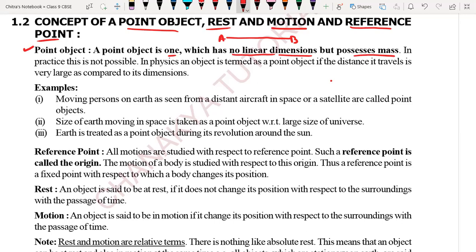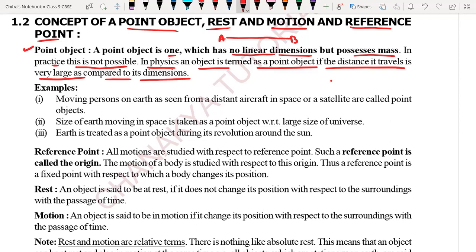In practice, this is not possible. In physics, an object is termed a point object if the distance traveled is very large as compared to its dimension. Whatever study we perform, when an object moves from one place to another, the difference between the two points is called the distance.